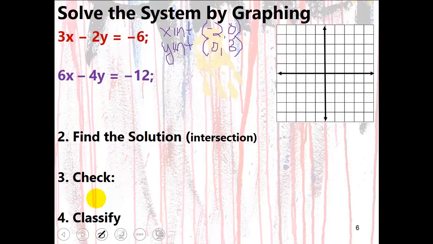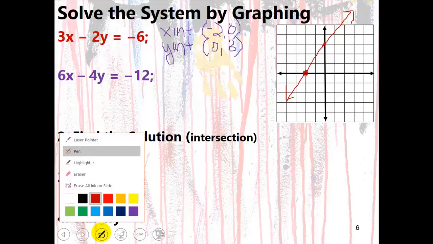Okay, here. And here. And I'm going to connect them. And then this one I'm going to graph in purple. Should have been doing that all along.